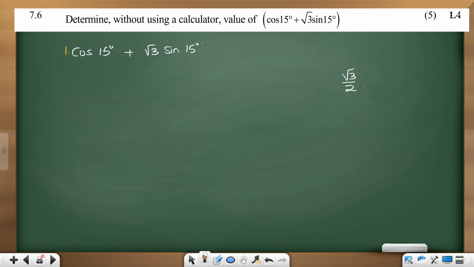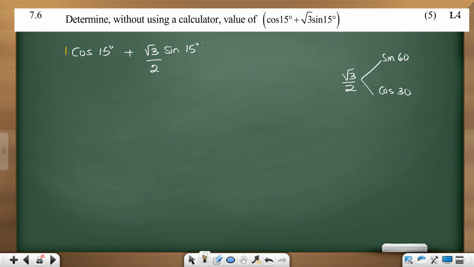Beautiful. Cos 30, either cos 30 or sine 60. All right, watch this. So if I divide by 2, I have to multiply by 2. I am going to divide this by 2.